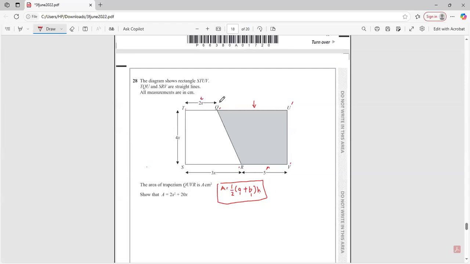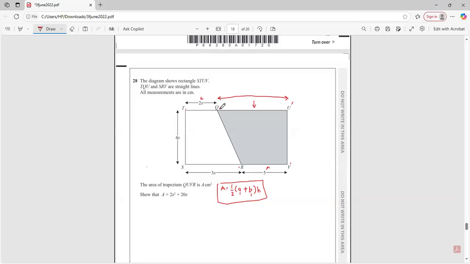The question now is, what is the value from Q to U? That's the question. So let's find out how we would figure that out. Remember that the whole structure is what? A rectangle. So we are free to also invoke the properties of a rectangle. Those properties are very simple. Opposite sides are equal and parallel. So that's a fact we can depend on.